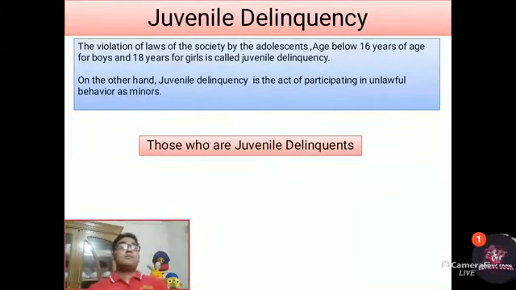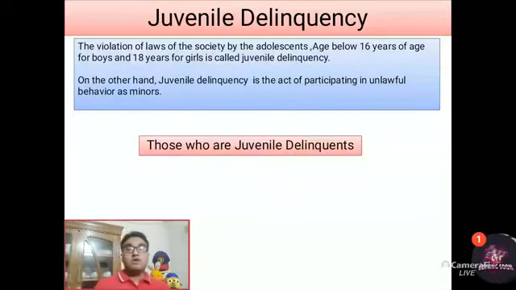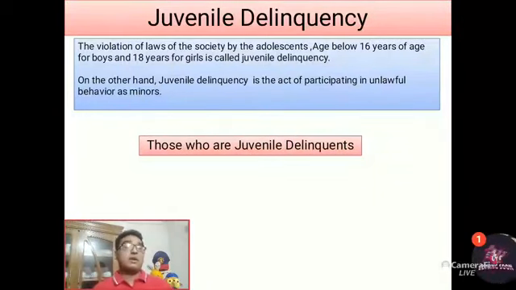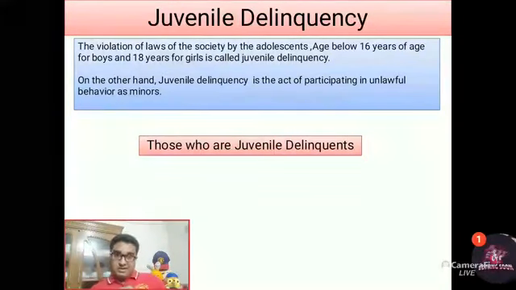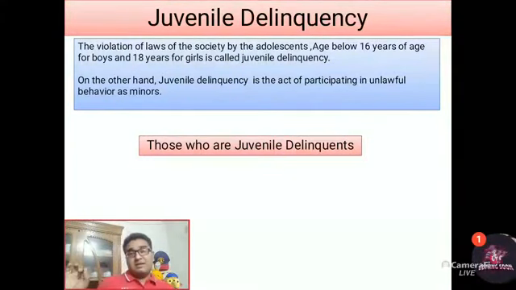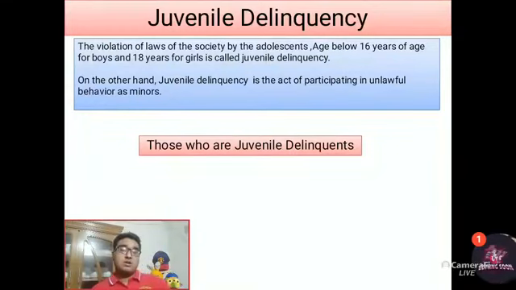Now I'm going to talk about those who are juvenile delinquents. Adolescents who participate in juvenile delinquencies, that means who violate the rules of society.